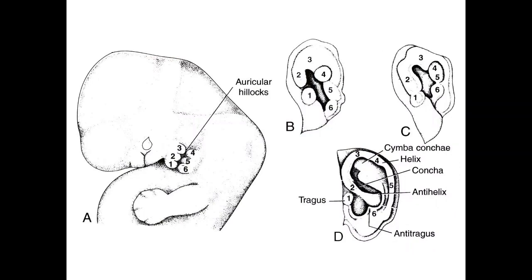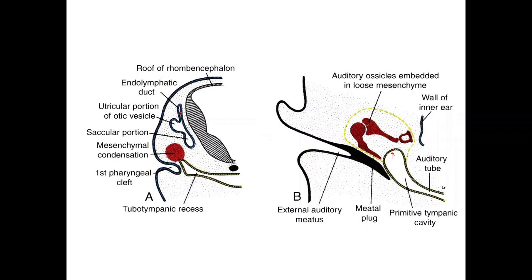So please don't forget about these three ossicles. You need to know how they are developed. Also, don't forget about the pharyngeal cleft. The first pharyngeal cleft will give rise to the external ear. The middle ear is from the pharyngeal pouch, from the tubotympanic recess. The ossicles are from the mesenchyme condensating in the first and second pharyngeal arch.